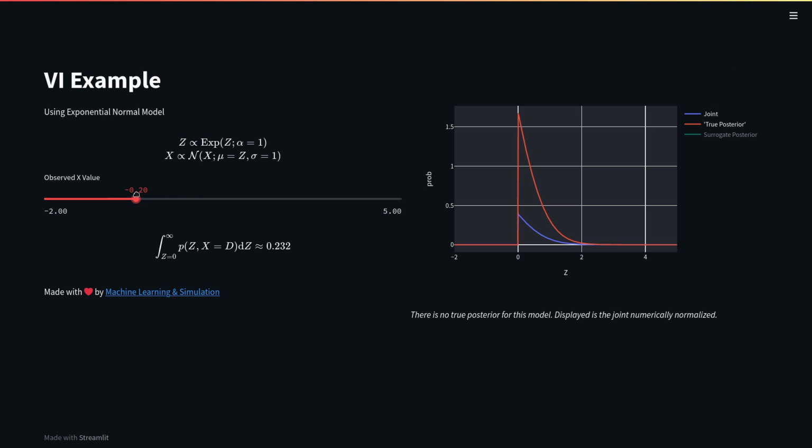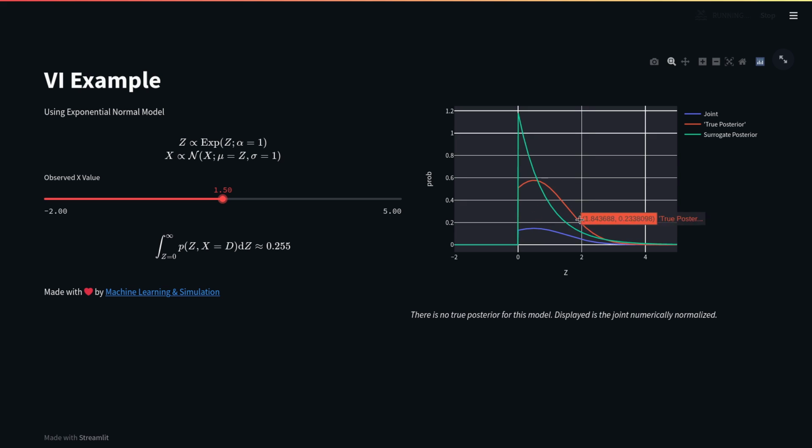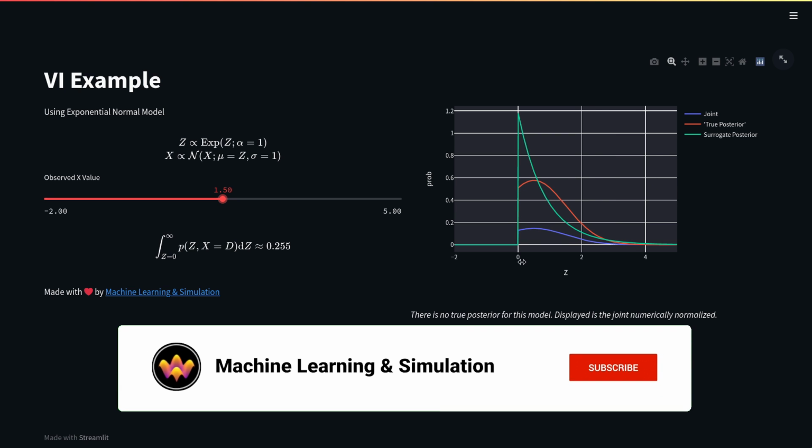Okay, but let's go back to 1.5 and now let's have a look at the surrogate posterior. So this now might look a little strange. What is going on here? And remember, the idea of variational inference was to find distributions that are close in their qualitative behavior to the true posterior. And here this true posterior has some sort of a mixture with a normal and the indicator function.